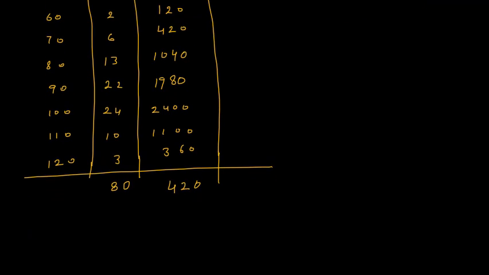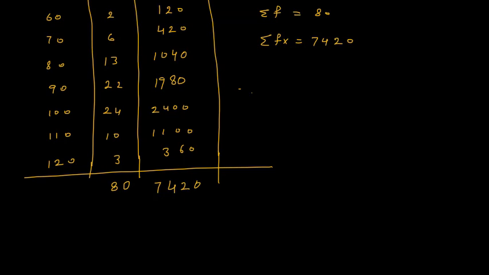So 2 plus 1 is 3, 3 plus 1 is 4, 4 plus 2 is 6, 6 plus 1 is 7. So 7420. This is the sum. So here we have the sum of frequency as 80 and the sum of fx as 7420.